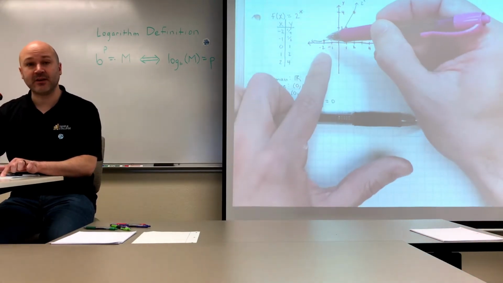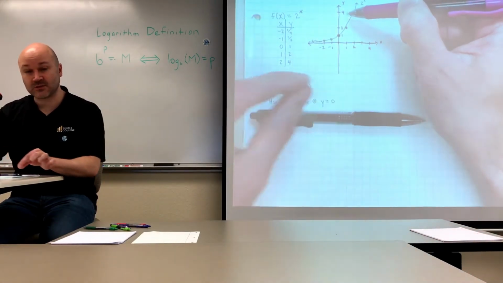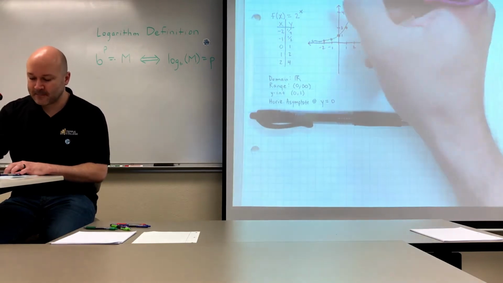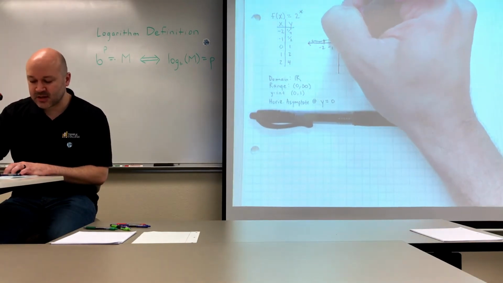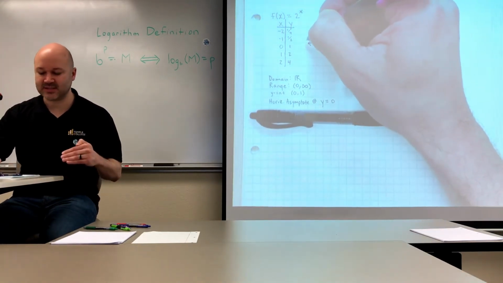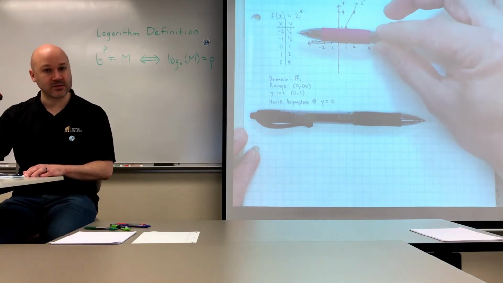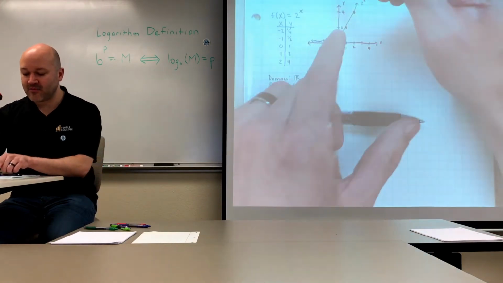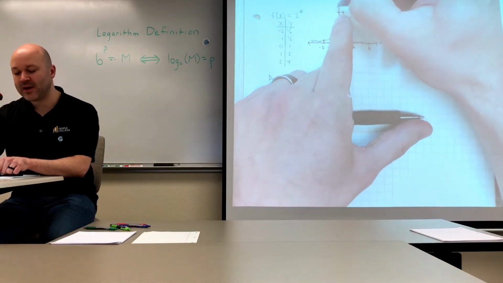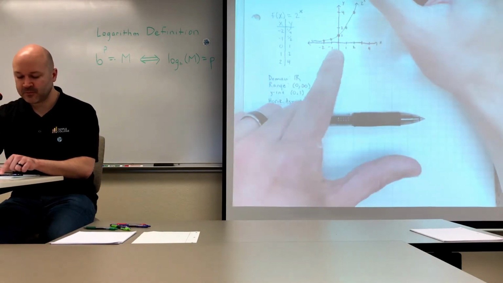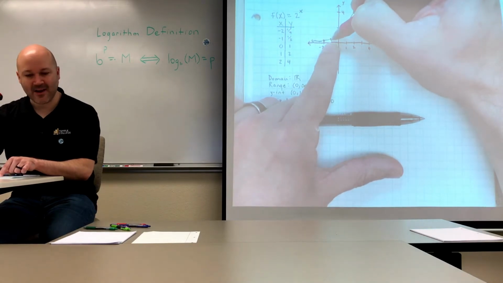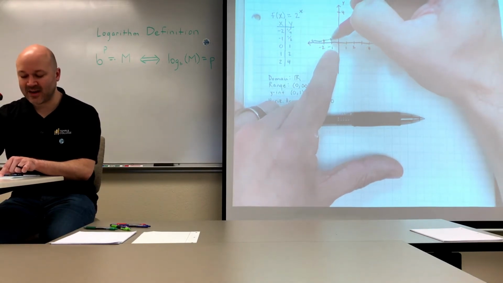It gets a little bit tricky here with the horizontal asymptote, y equals 0, but this function does always decrease. It just never hits 0. It passes the horizontal line test, meaning every y value only has one x value. So this y value of a half only has one x value of -1.